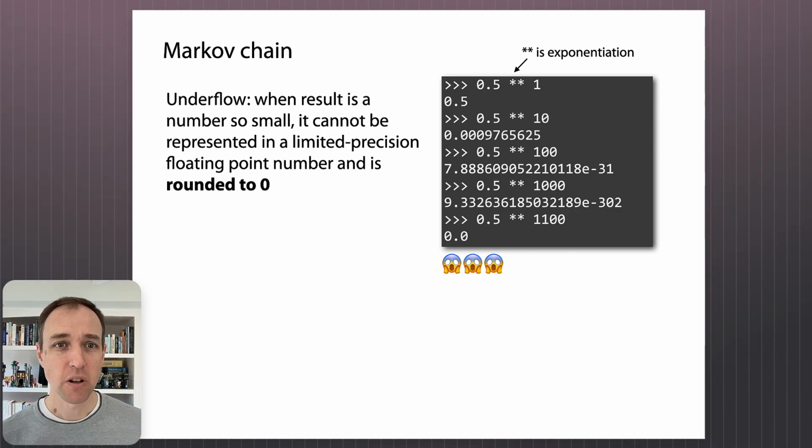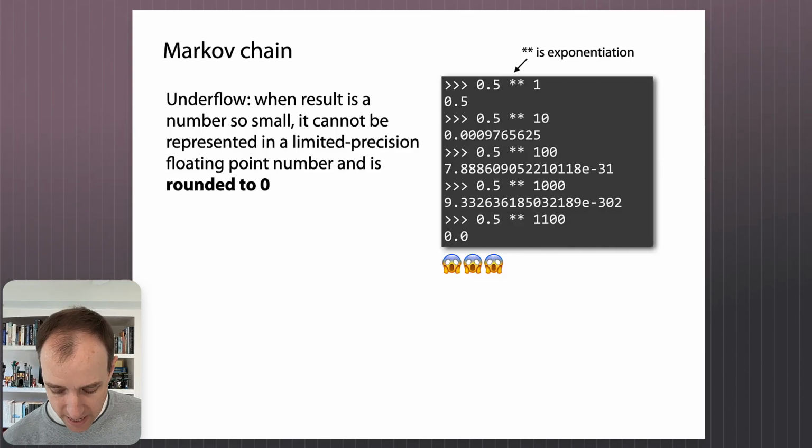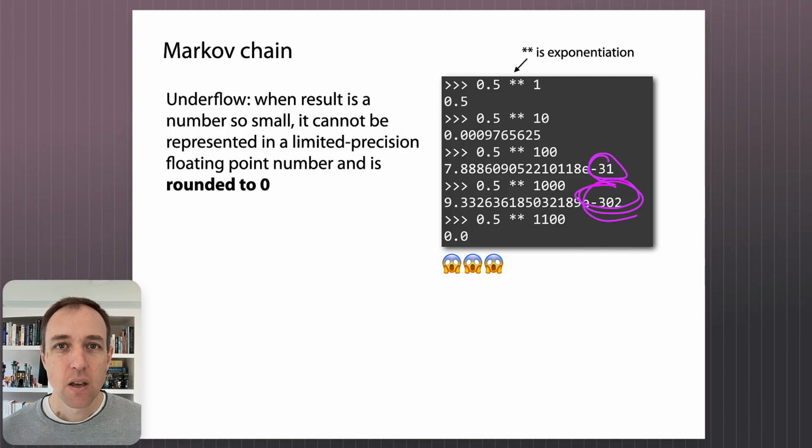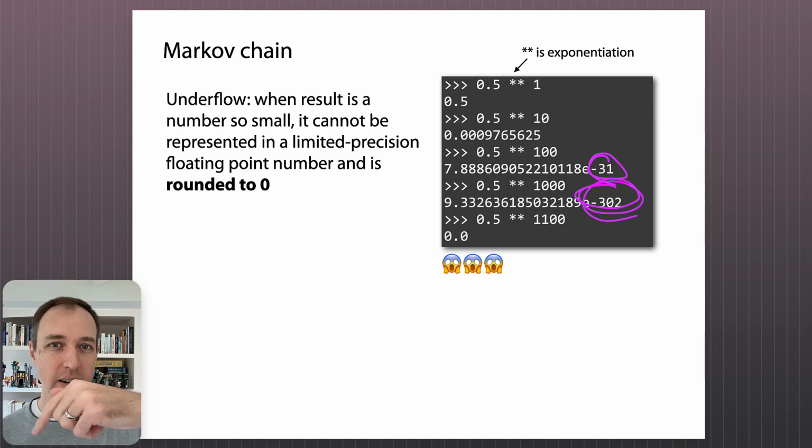So this is what's called underflow. When we multiply many, many, many fractions together, we'll eventually get to the point where the number of bits that are allocated to the exponent, right, this part, will run out of bits, right? The exponent is getting more and more and more negative, and eventually we'll get to the point where we actually can't represent exponents that are negative numbers of a large enough magnitude, right?